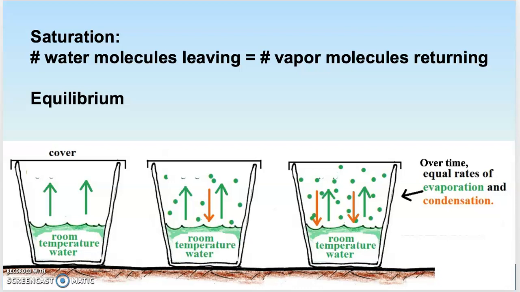It's in water molecules leaving a surface and returning to a surface. Of course, leaving a surface is evaporation, and returning to a surface is condensation. Especially when we put a cover over a cup, we develop a closed system that allows these rates of evaporation and condensation to equilibrate.